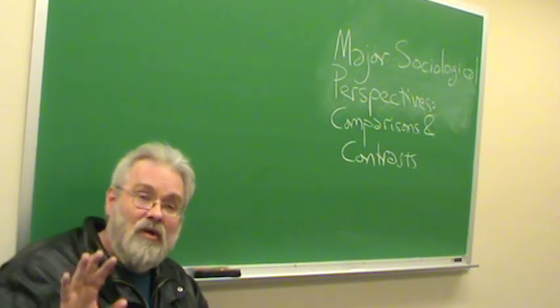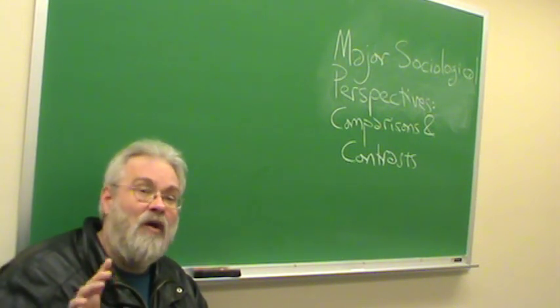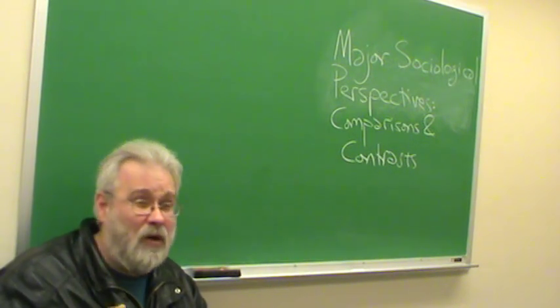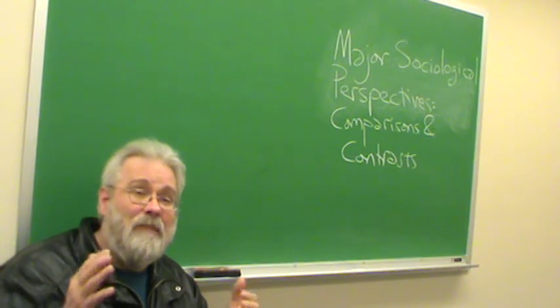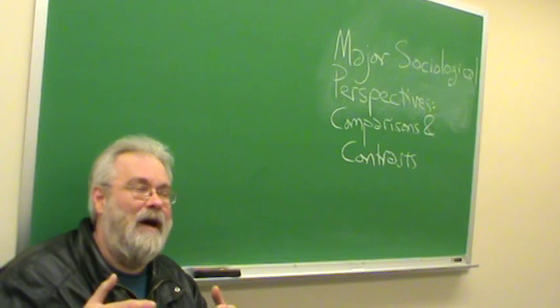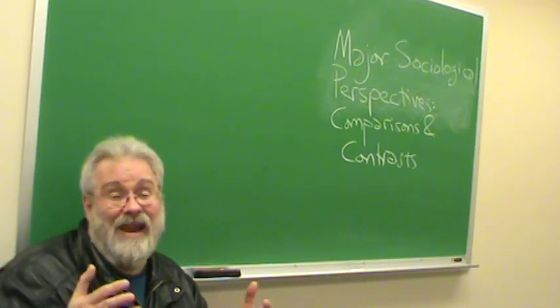Now, when you look at your book, you're going to get a lot more feedback on each of these particular theories or perspectives, and you're also going to get quite a few more clues about how to distinguish between them. But at the end of the day, there's only one way for you to really get a good sense of it, which means that you're going to have to work at it.